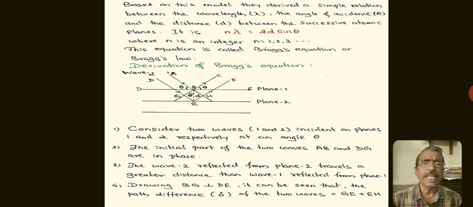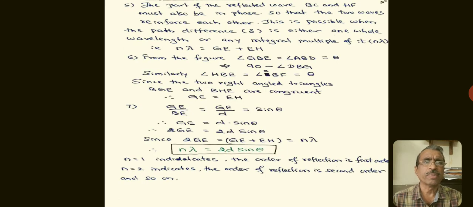Drawing BG perpendicular to DE, it can be seen that the path difference delta of the two waves is equal to GE plus EH. The parts of the reflected waves BC and HF must also be in phase so that the two waves reinforce each other.